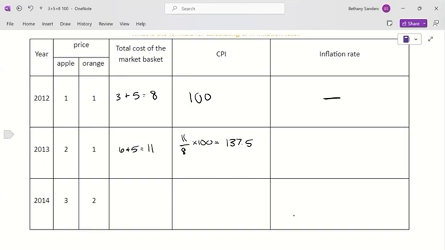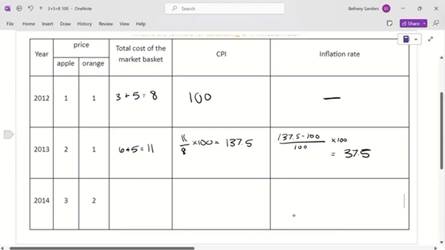Now we can use this to calculate inflation rate. We have current minus previous over previous times 100, and that comes out to 37.5 as the inflation rate.